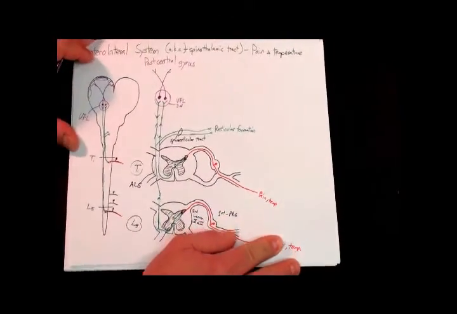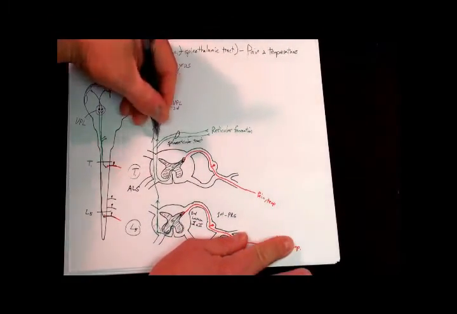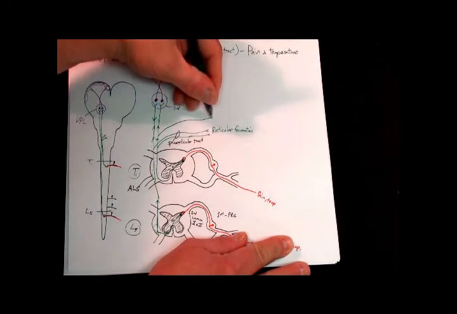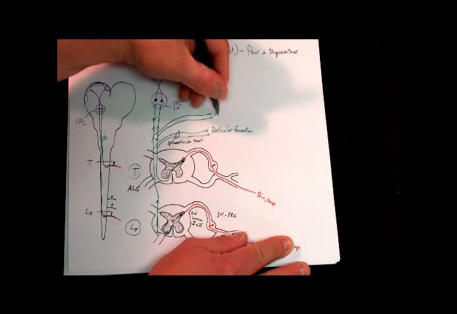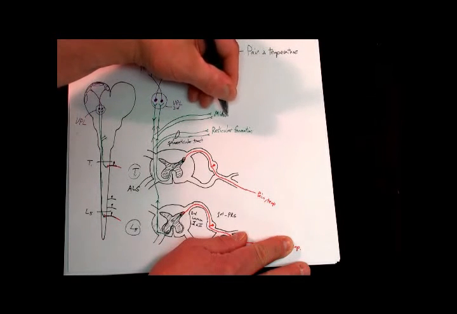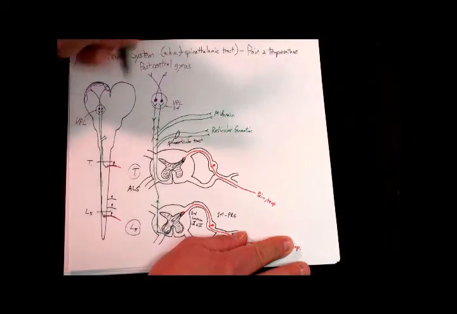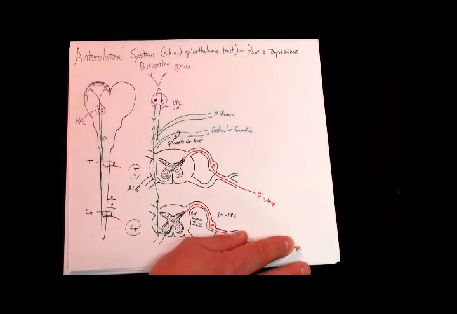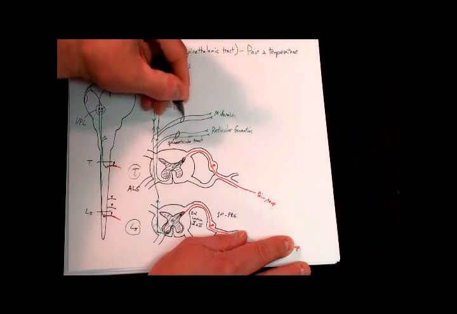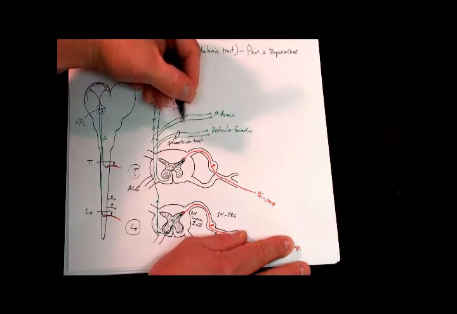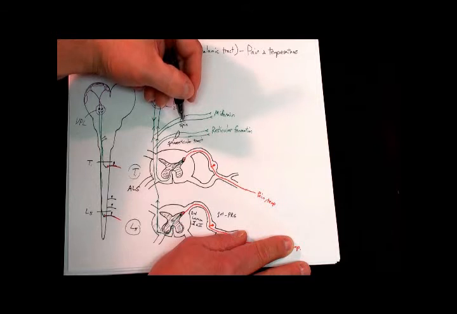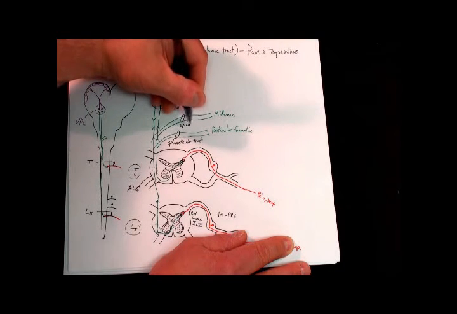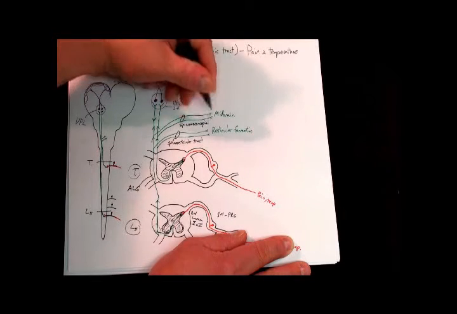Some of them head up to the midbrain, in particular locus ceruleus and the periaqueductal gray matter around the midbrain. Those are referred to as spino-mesencephalic or sometimes spinotectal axons.